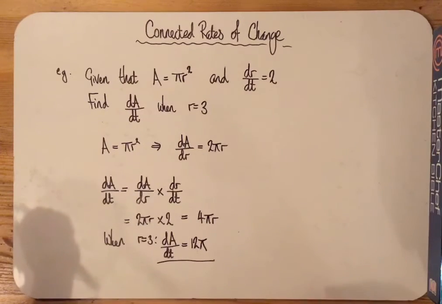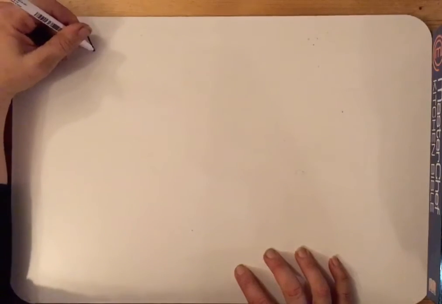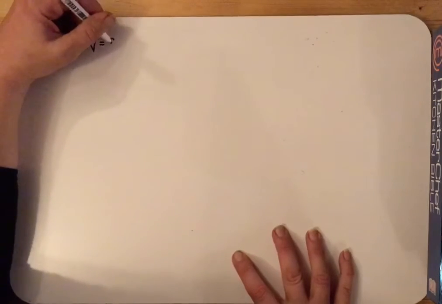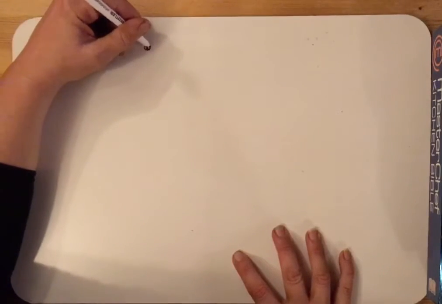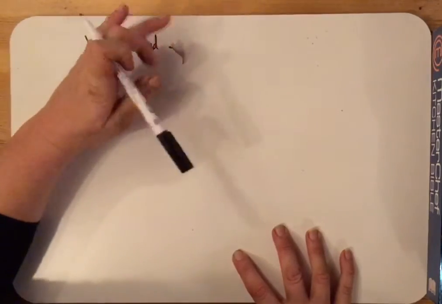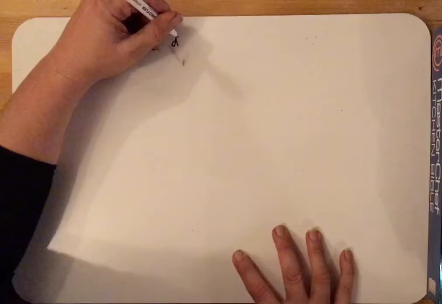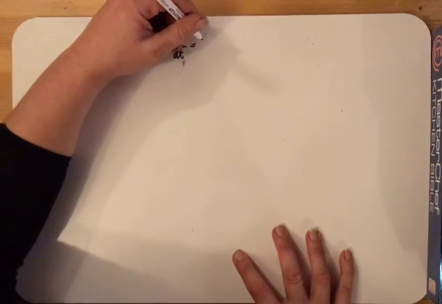I'll do one other example. This example is actually on the worksheet that I'm going to give you. So this one, we're going to start with a volume. Right, so V is equal to 8 pi r cubed, and this time the rate of change of the volume with respect to time is equal to 14.